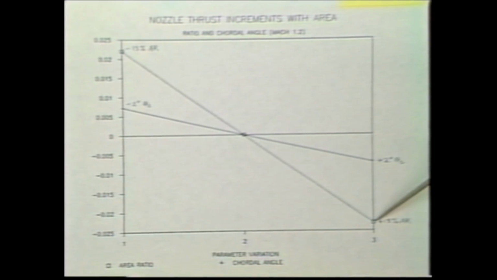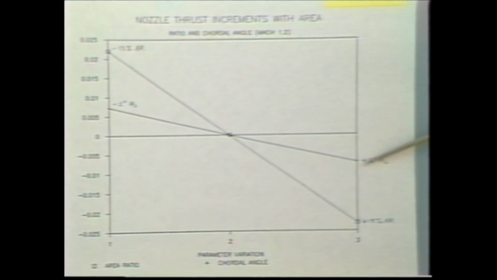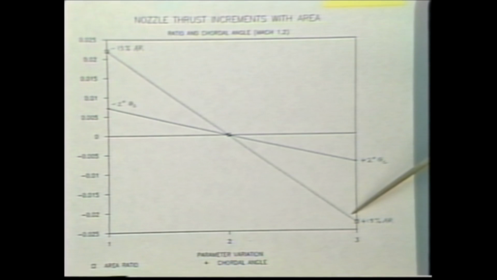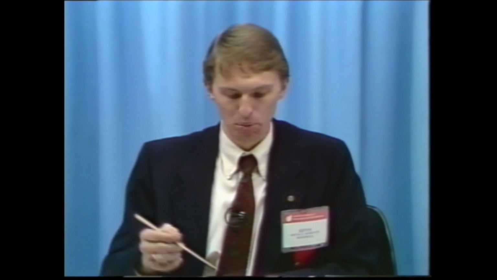As you increase that angle, the thrust goes down at low speeds. This line here is with chordal angle, and the lower line here is for area ratio. You increase the area ratio, decrease nozzle drag. Increase the chordal angle, decrease nozzle thrust, and vice versa. Just one of the drivers in the design that you have to be aware of when you're designing the plane.